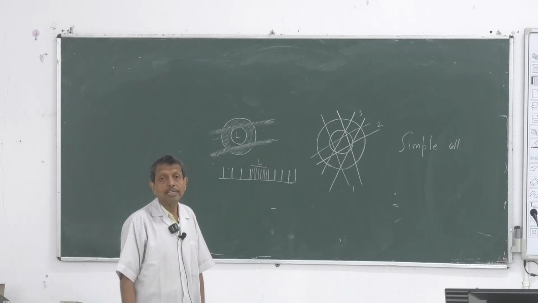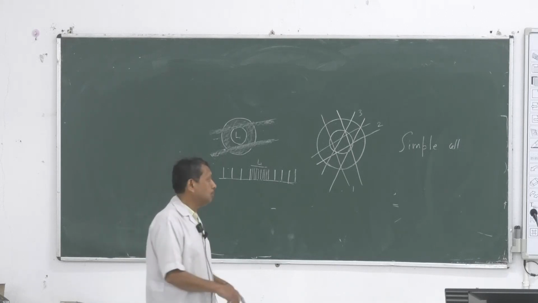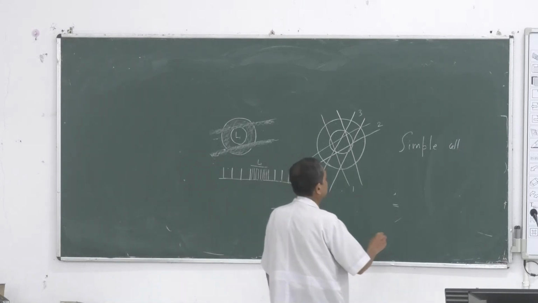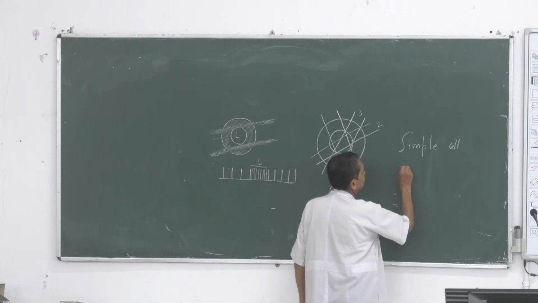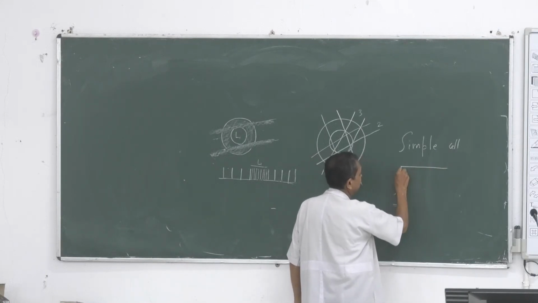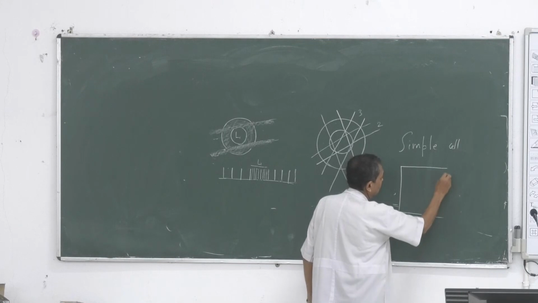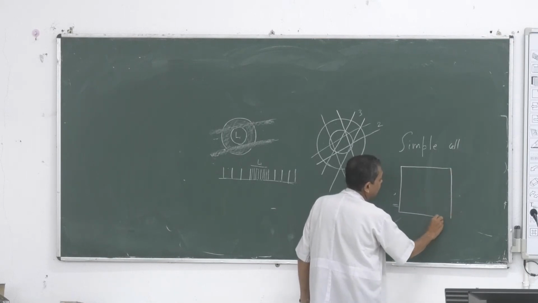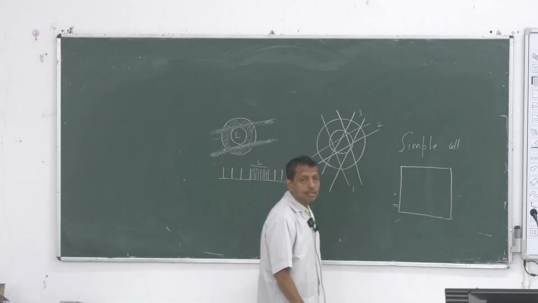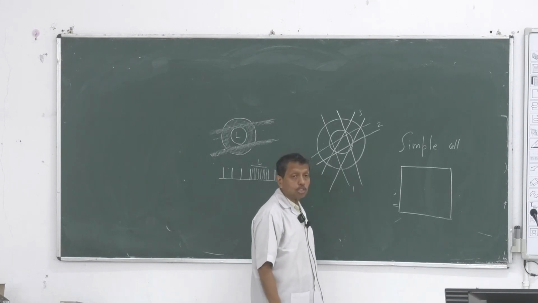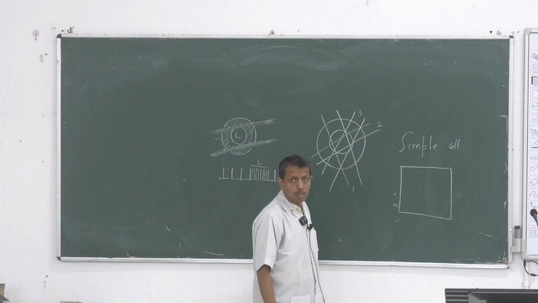They have orientation preference. Suppose in this case, for understanding, this field is this line, and it has orientation specificity and also location specificity.